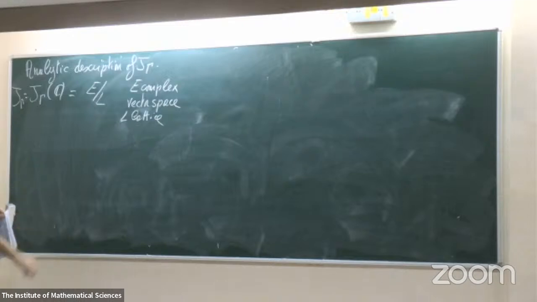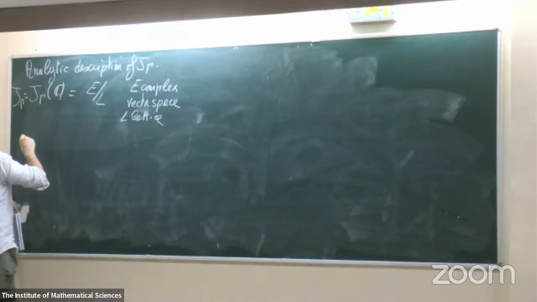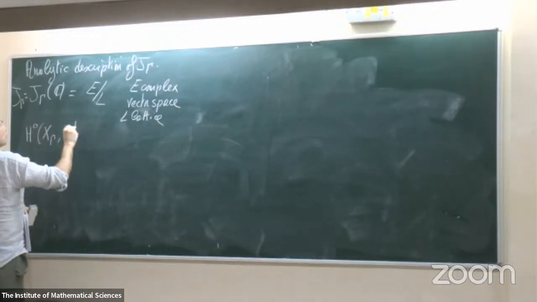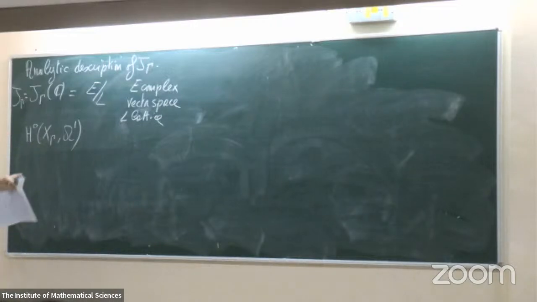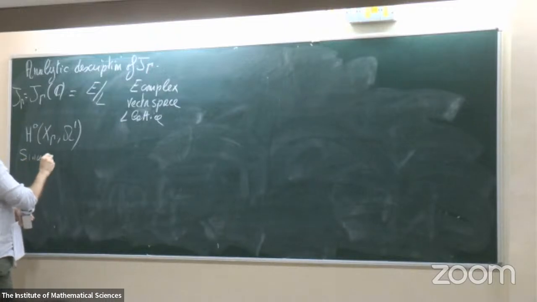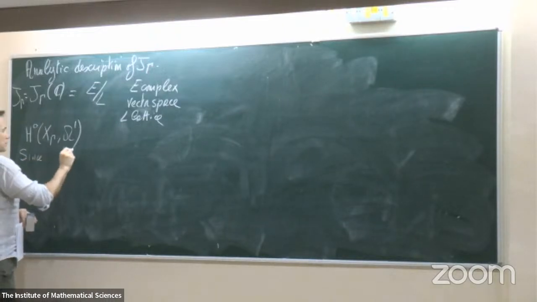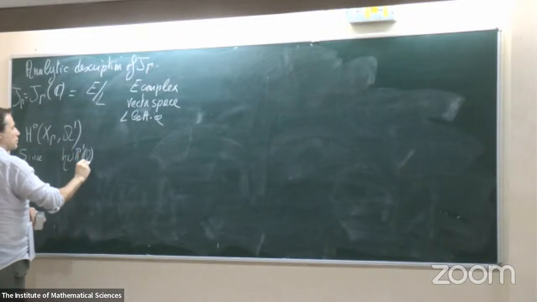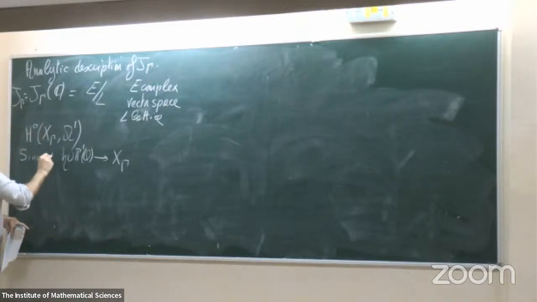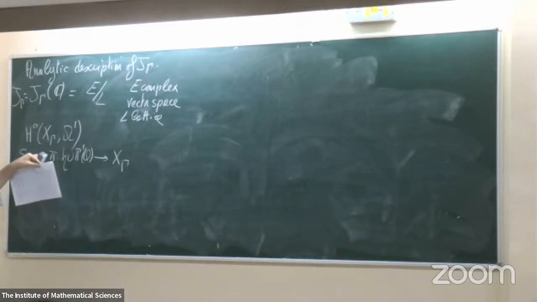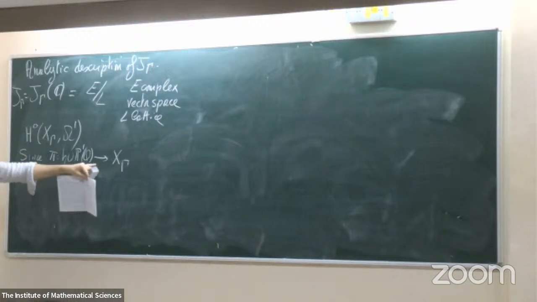So we have our Riemann surface, and consider the global sections of the holomorphic differential forms on X_Gamma. And since the upper half plane maps onto X_Gamma, let's call this map phi, you can pull back a differential form from X_Gamma to the upper half plane.